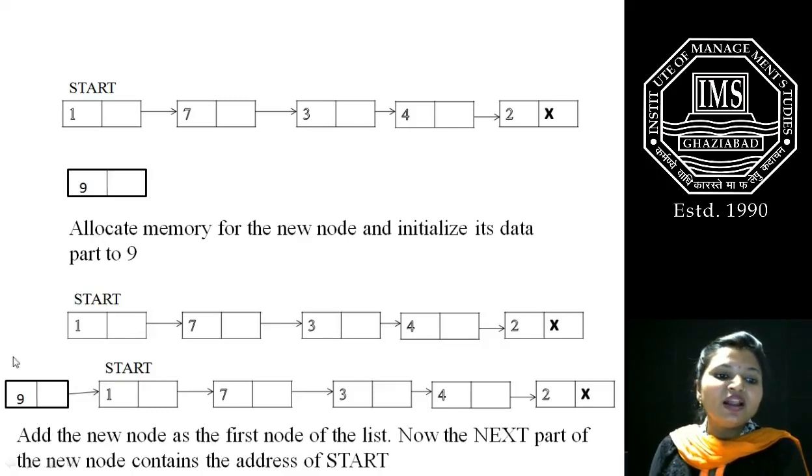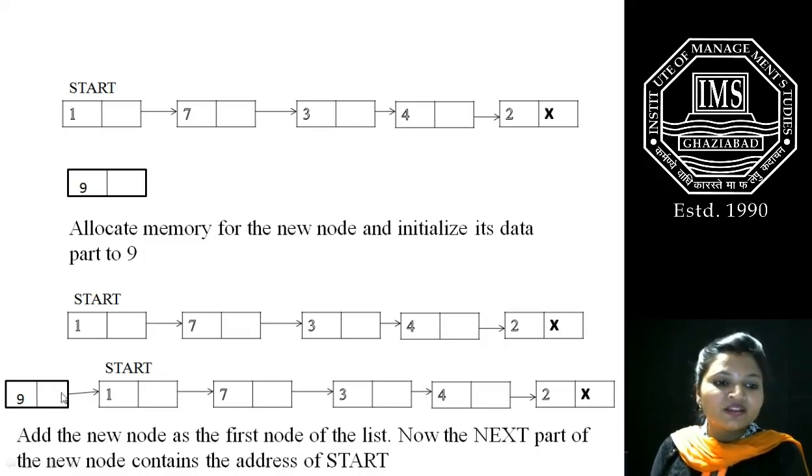Now we will change the link. Now this node is pointing nowhere. The link part of this node is null. So by changing the link part of this node, now this link part will point to start. The link part of this node will point to start, means its link part will point to the first node in the previous linked list.